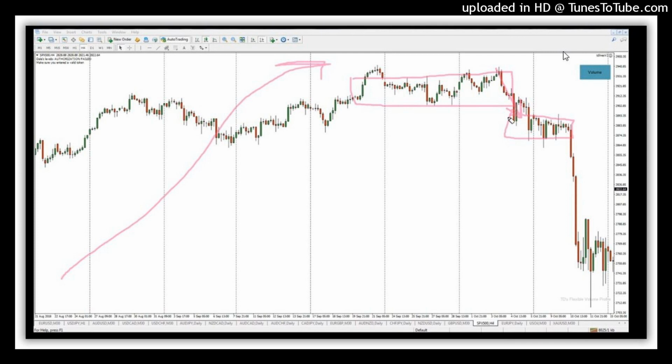So those are signs of aggressive buyers, and those are signs of passive sellers, of not really strong sellers. Alright, so as you can see, the aggressive buyers are stronger and they are pushing the price upwards.